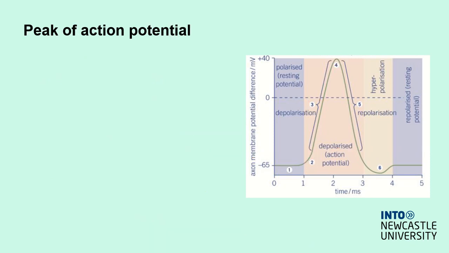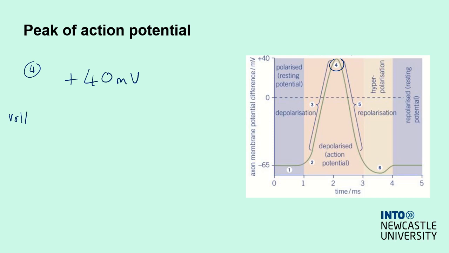The peak of the action potential is shown at number 4, and here, it's going to be +40 millivolts. Always +40, it's not going to go more than that. That's the size of the action potential. And what happens here is we are going to switch from depolarization to repolarization.